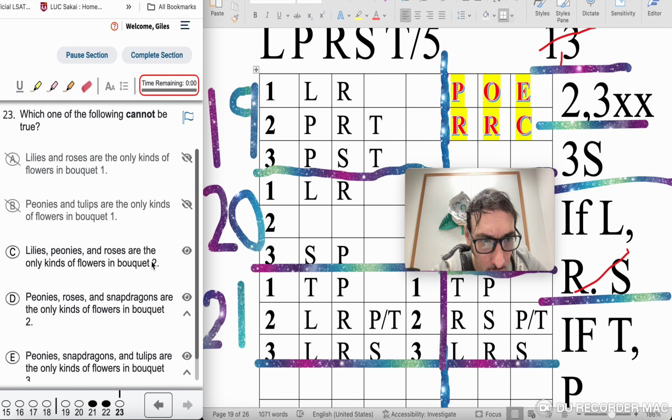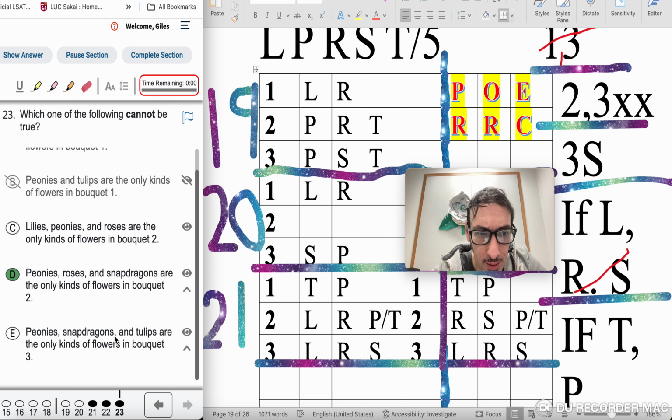So it says L, P, and R. Yes, you do see that right there. P, R, and S are the only kinds of flowers we see. So if we see an L, we see an R, which we don't see, and if we see a T, we see a P. So this one's going to be the one that probably doesn't work out. Let me see if this one's choice is better. P, S, and T. So if you see a T, you see a P. S. Choice D right now, because of the information as far as the letter L comes with the information R, and we don't see it right there. And D.